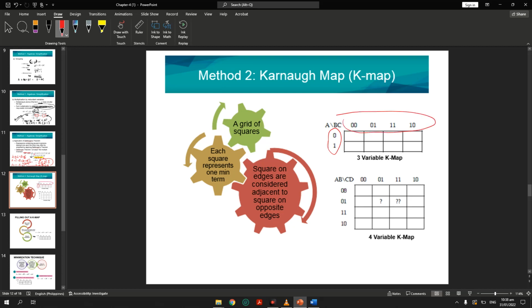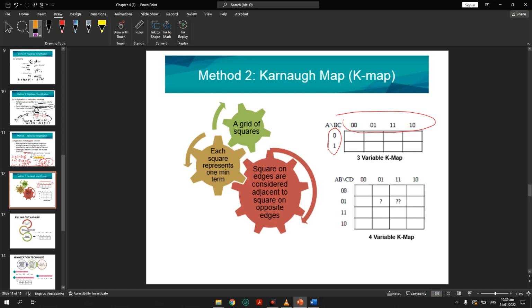Take note of the representation of BC: 0 0, 0 1, 1 1, and 1 0. It is not 0 0, 0 1, 1 0, 1 1. It is not arranged in that manner. However, it is arranged as 0 0, 0 1, 1 1, 1 0.